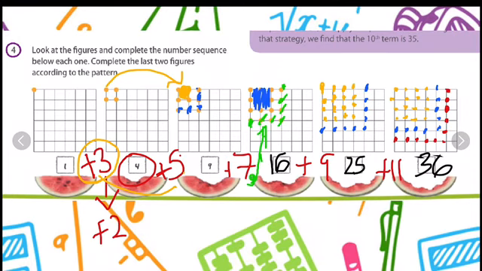I hope that you understand this pattern. What is the pattern of this? Well, they start with odd numbers beginning with 3, and that increases by 2, by 2, by 2. 5 plus 2, 7. 7 plus 2, 9.